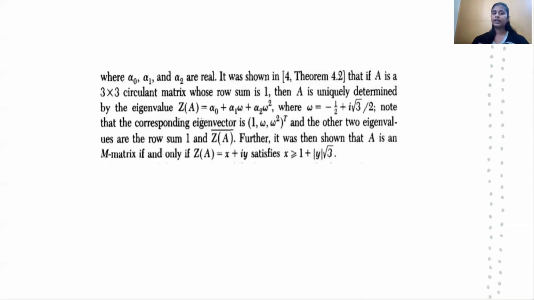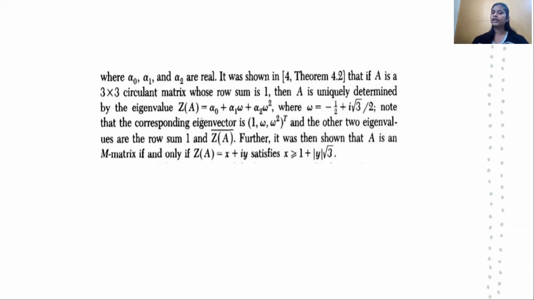Where alpha naught, alpha 1 and alpha 2 are real. It was shown in the theorem that if A is a 3 by 3 circulant matrix whose row sum is 1, then A is uniquely determined by the eigenvalue set of A, where z(A) = alpha naught plus alpha 1 omega plus alpha 2 omega square, where omega is equal to minus 1 by 2 plus i root 3 by 2.